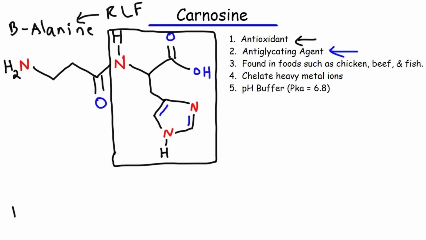Now this has to be a reducing sugar. So the carbonyl group of a reducing sugar reacts with the amino group found in the amino acids that make up protein.